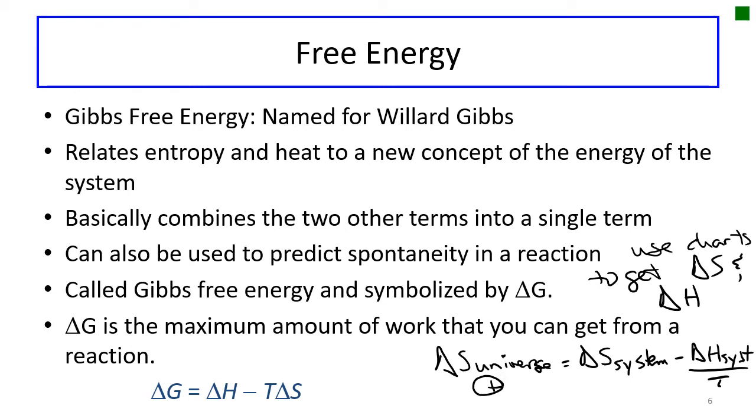Now, the physicists don't really have much use for this, so they play with this equation. What they do is take this equation and multiply through by minus T.